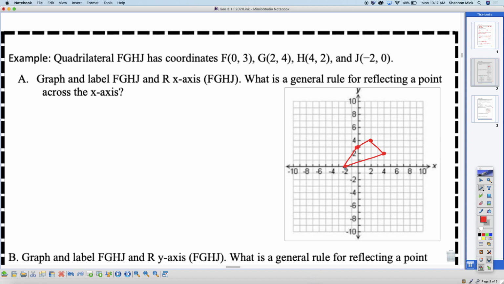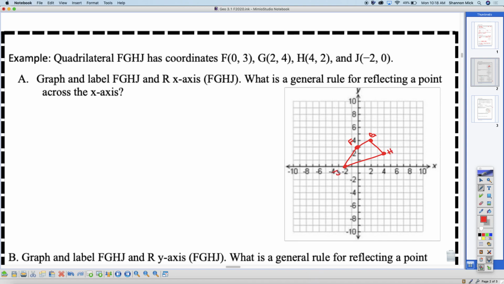I think it's so funky because your coordinate plane is square. Mine is not. See how mine's stretched because it's on the screen? Yours is at least a square. It's just a quadrilateral, and they didn't want it to be a rectangle specifically or anything. This is F, G, H, J.